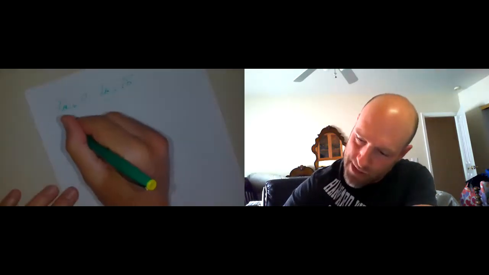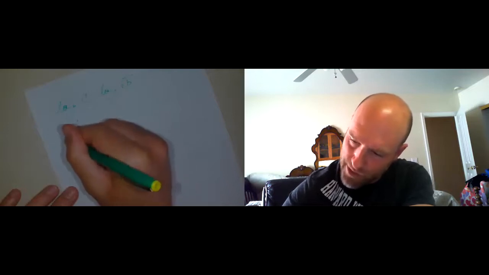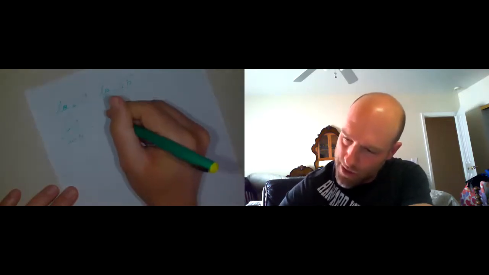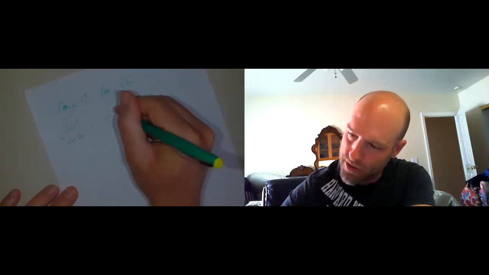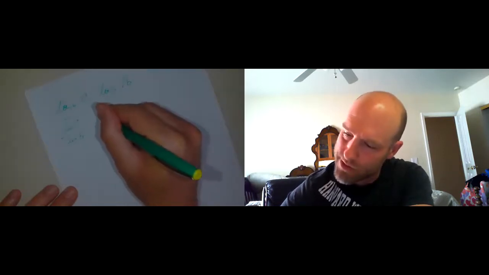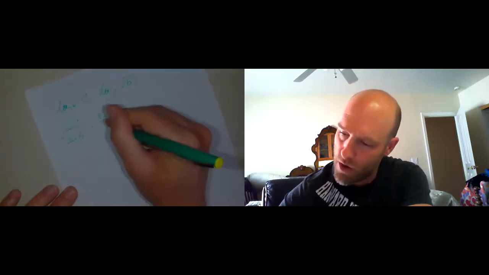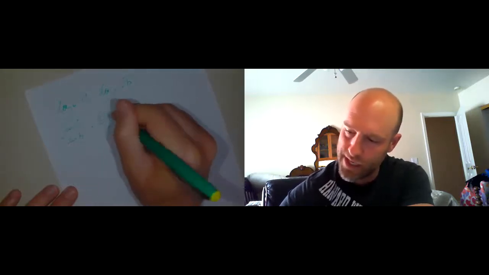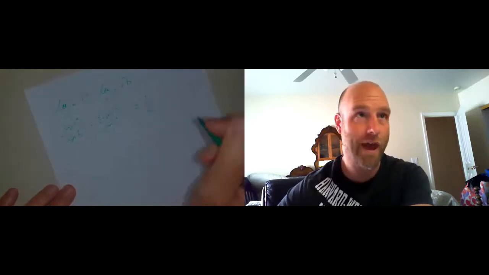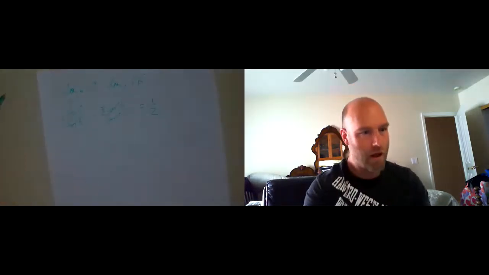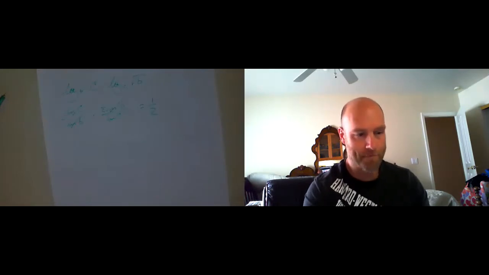Well, I'm going to use my change of base formula and write this as the natural log of c over the natural log of b times the natural log of b to the 1/2. That 1/2 can only sneak in front and be that coefficient over the natural log of c. A lot of stuff cancels out, and I'm just left with that 1/2. So my answer, of course, is B.